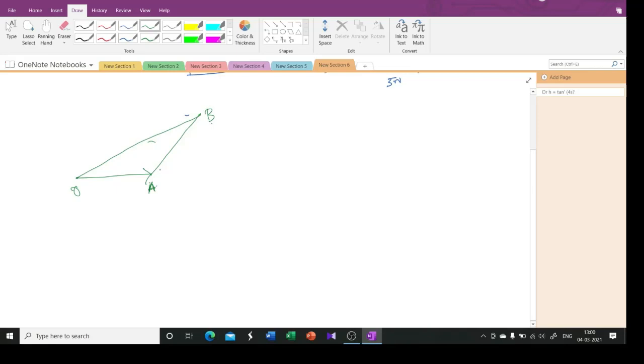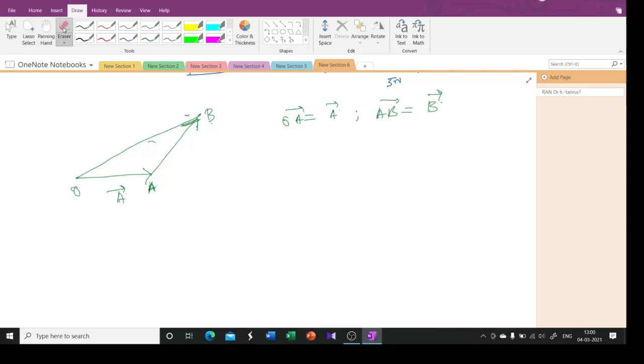So in this triangle, OA vector is A vector, and AB vector is B vector. Okay, so A and B are confusing, right?